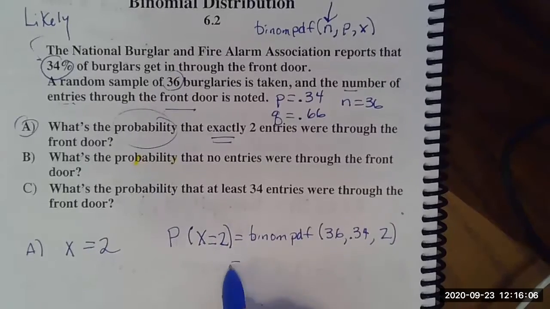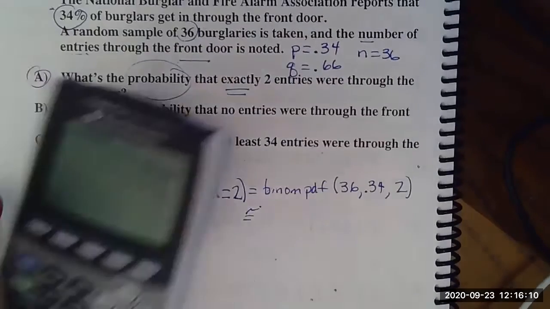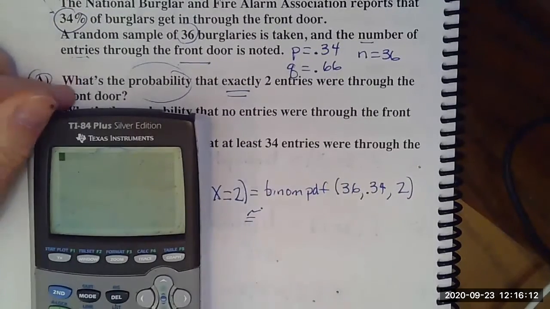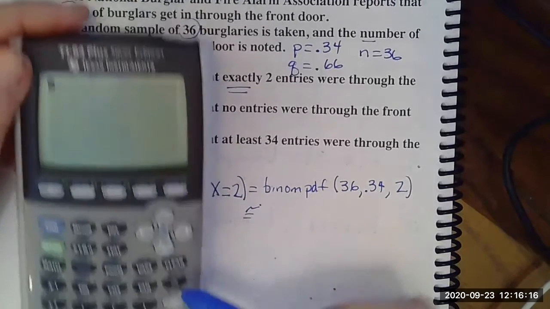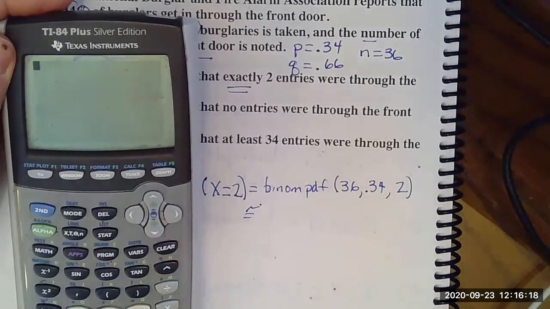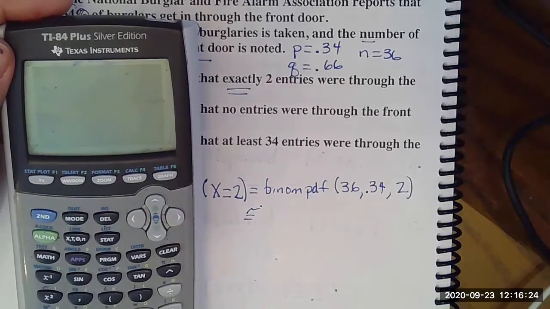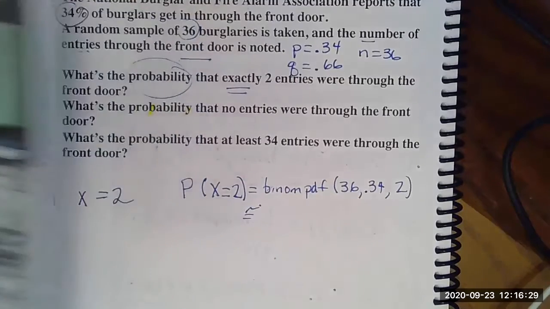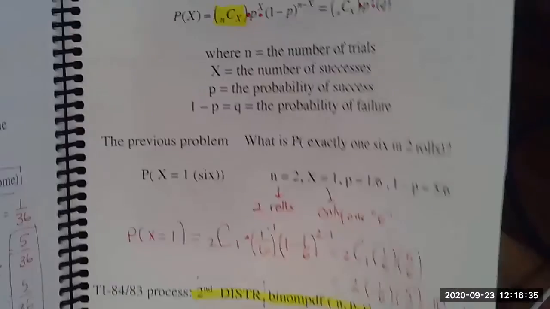You're going to go binomial PDF, so squiggle, squiggle. So we find that by going in the calculator under distribution right here. If you were absent 2 days ago, you would have heard this through my recorded lecture, and also seen that it's all listed in your packet as well as your textbook. So what I'm doing shouldn't be foreign. It's right here.